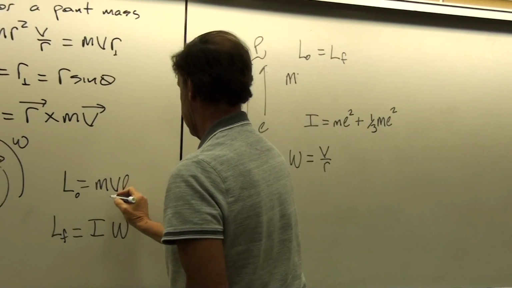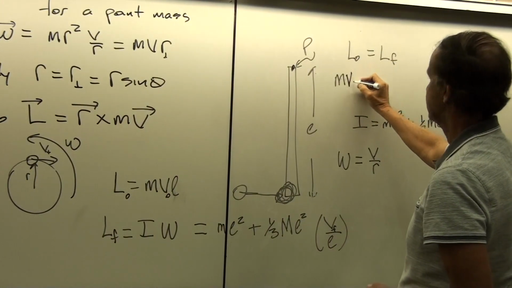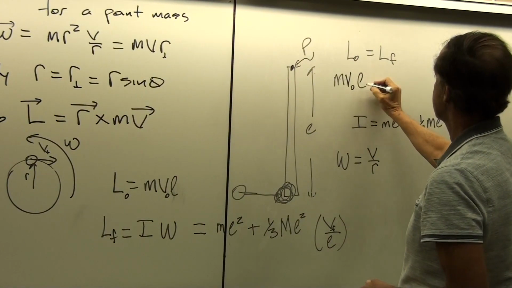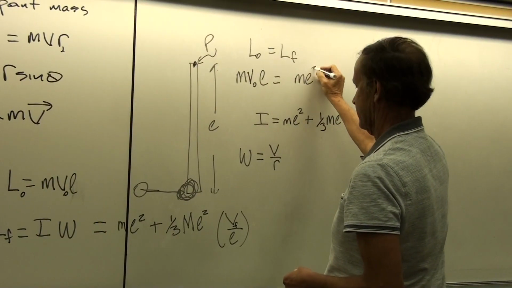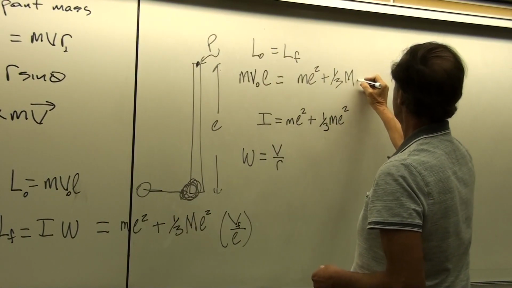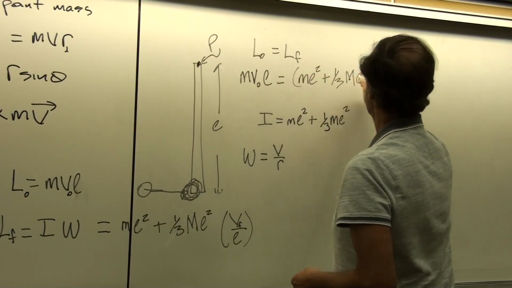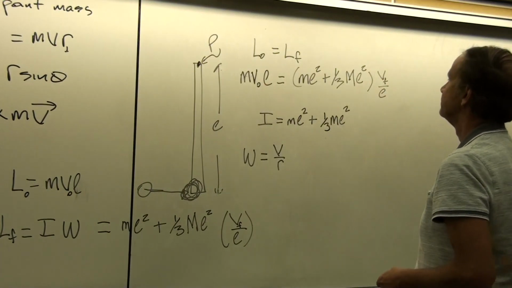This is V initial. So this is going to be little m times V initial times L equals little m times L squared plus 1/3 big M times L squared times V final over L.